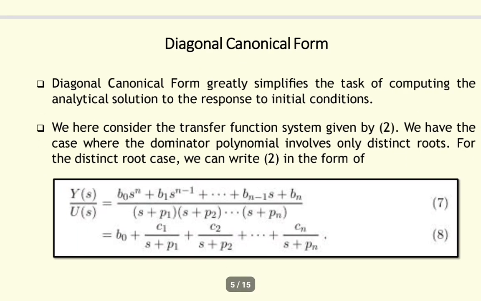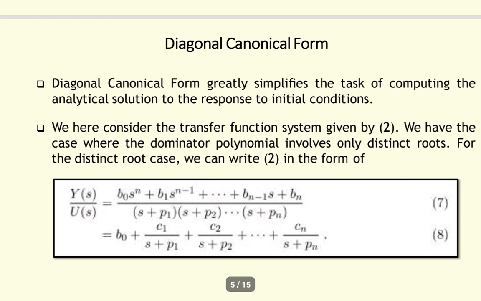In equation 2, we have the case where the denominator polynomial involves only distinct roots, and for the distinct root case we can write equation 2 in the form of Y(s)/U(s) is equal to, the numerator remains unchanged, that is b0 s^n plus b1 s^(n-1) plus so on up to b(n-1) s plus bn, divided by the roots p1, p2, so on up to pn, that means the poles.